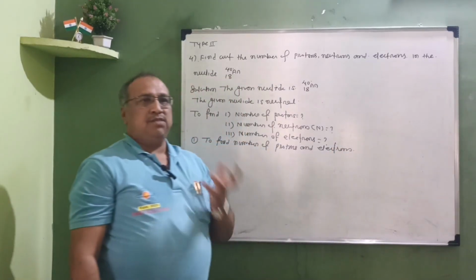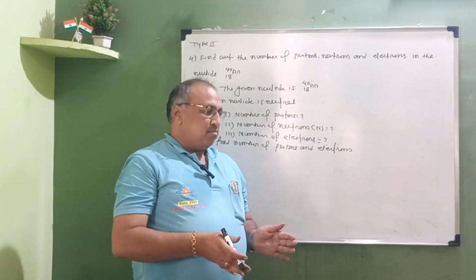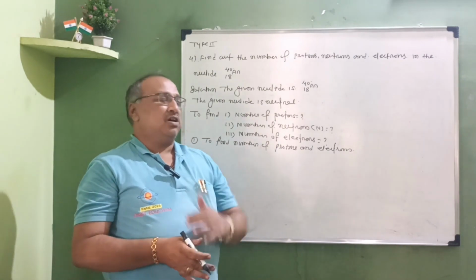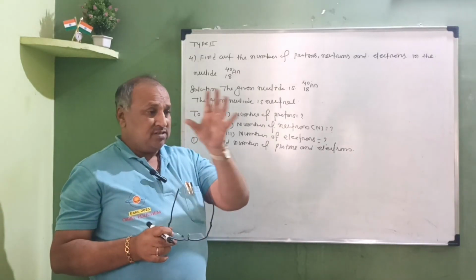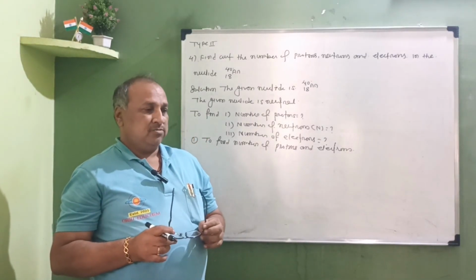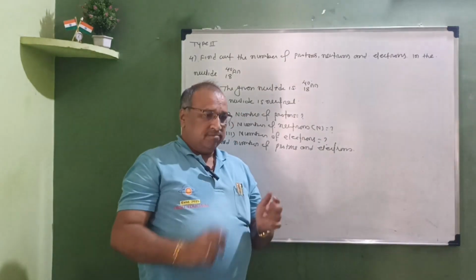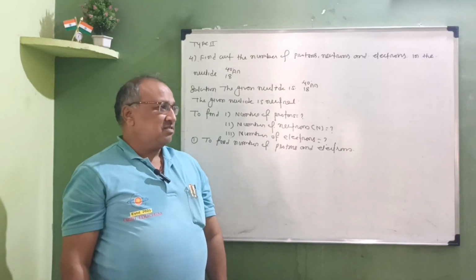Now keep in mind the most important point is that atomic number represents the number of protons, which is equal to the number of electrons if the atom is neutral, and mass number represents the number of protons and neutrons.